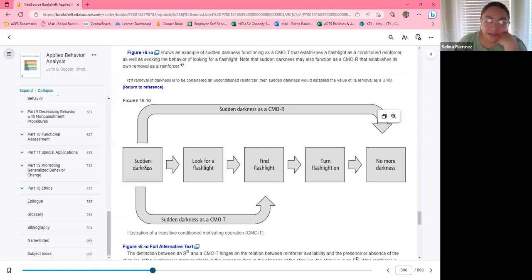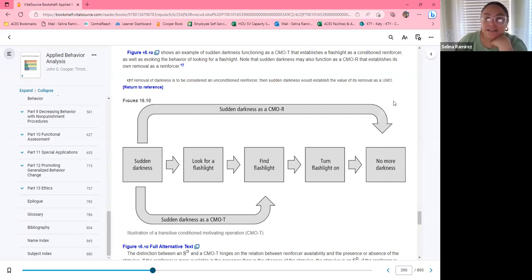Here we would put headache, look for aspirin, behavior is going to be increased, right? Your headache is serving as a CMO-T for the tool, which is your aspirin, but it's also serving as a CMO-R for running away from the headache. So right here, you would say no more headache.